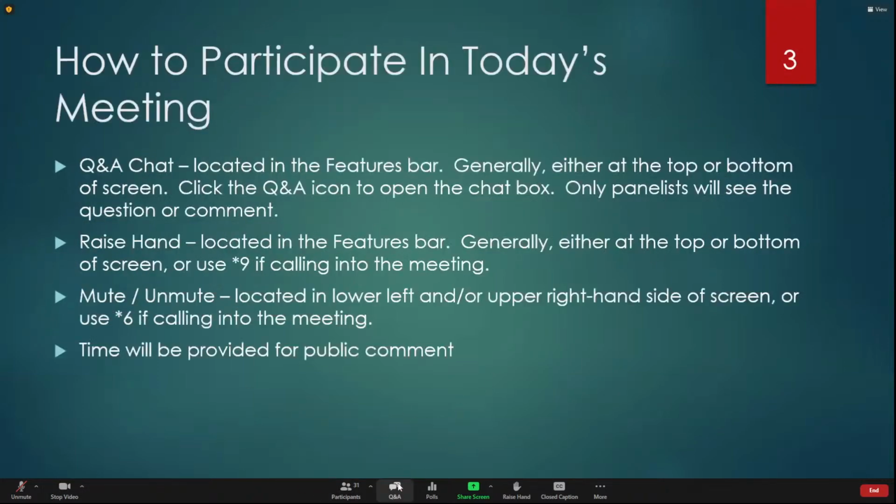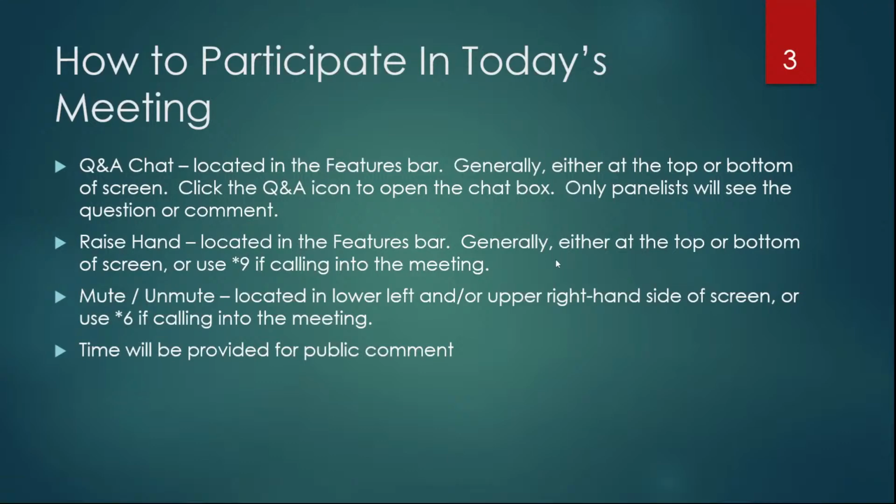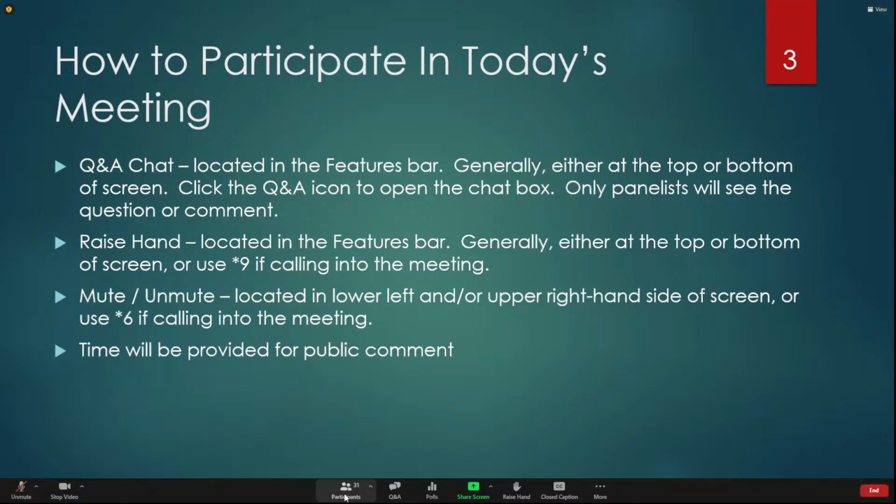How to participate in today's meeting. Just reminding everyone that we do have the chat feature. It is open. You can find the Q&A chat feature by hovering your cursor either in the lower portion or the top of your screen. If you're on the Zoom app, this should give you the toolbar. The toolbar has a little chat box that says Q&A.